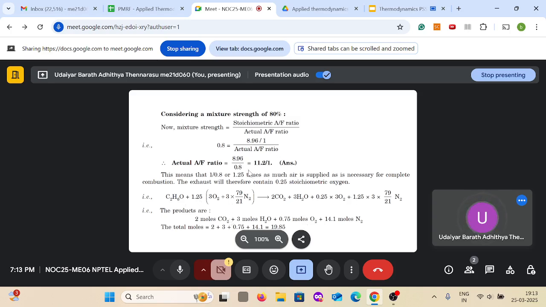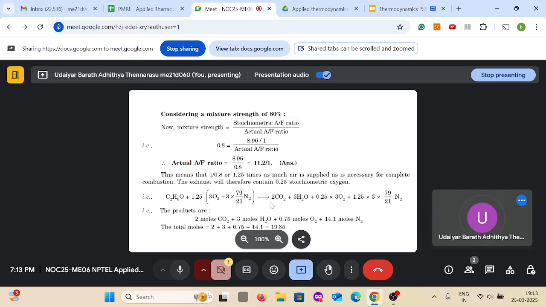So we require 1.25 times the air, so we are using 25% excess air: C2H6 plus 1.25 times the moles of air. So this is how the balanced expression will look.